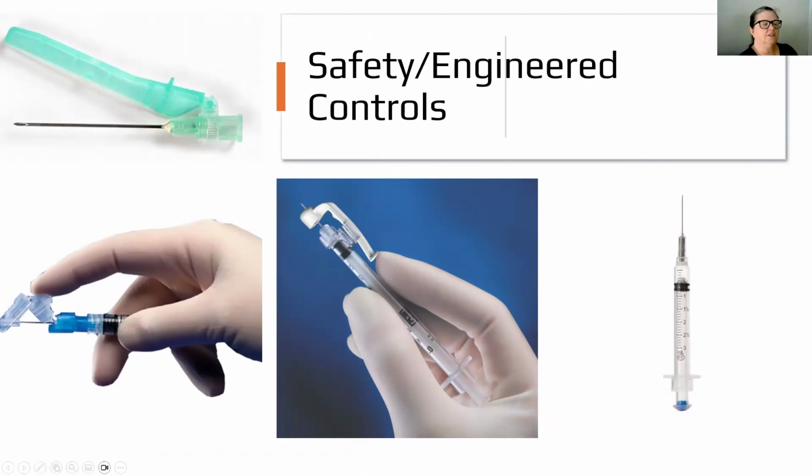Well, once it hits this part right here, it'll stop momentarily, but you will have injected all the medication. And then if you push it one more time, the needle actually retracts. It comes into this part here.